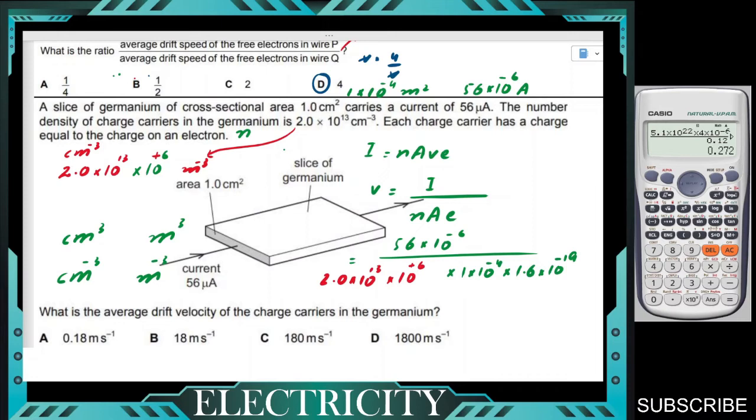You open up the calculator and insert the fraction 56 into 10 raised to the power negative 6. Which in 2 SF you can round off to 0.18.